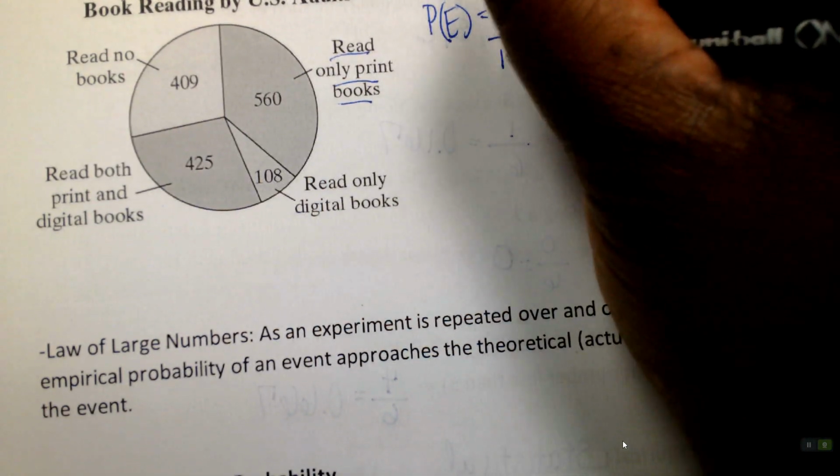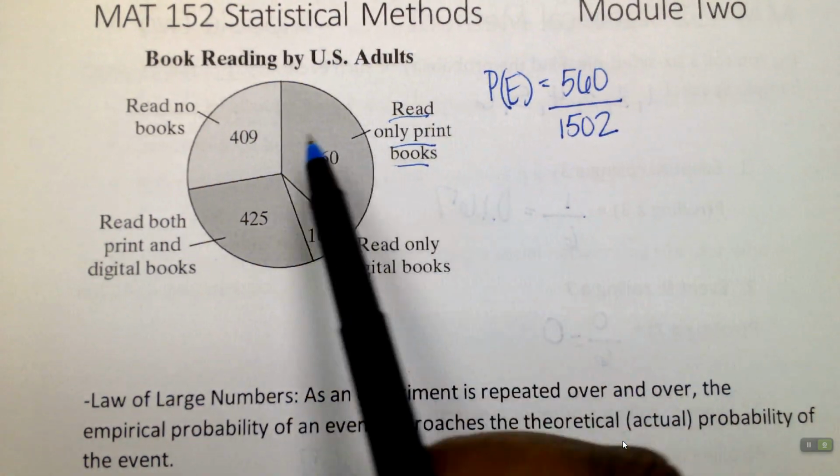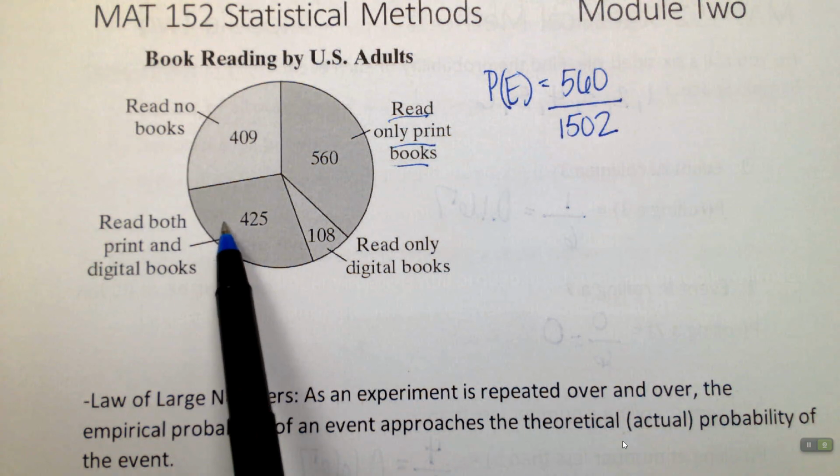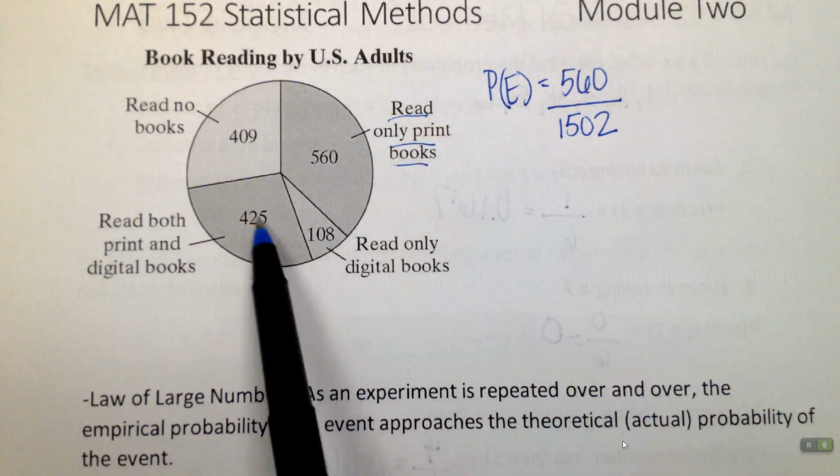But if they did not give us the total frequency, we could just add all of our frequencies together to get that number. So I'm going to pause and add all these together.